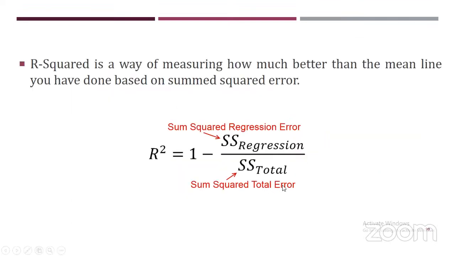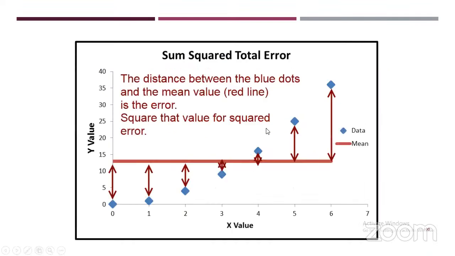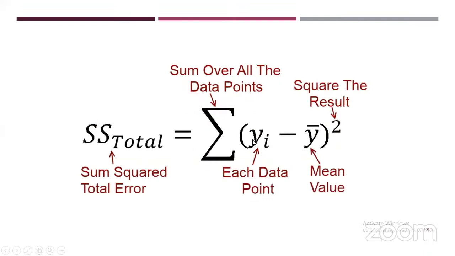Now, how are these values computed? The sum of square total is computed based upon the difference between your mean and your actual value. It is the summation of the difference between the actual value and the mean value. Like you could see, this is the actual value and this is the mean value.